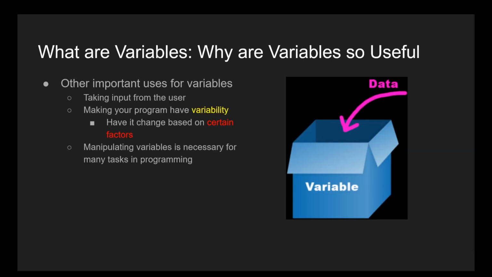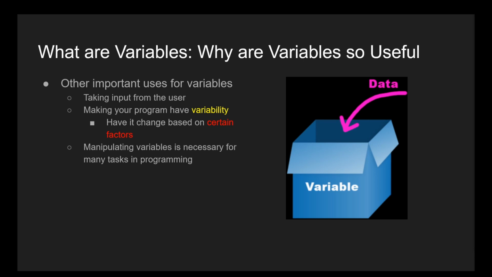Also, many times the program will take input from the user which cannot be programmed into the code, and a variable is required to store the information. A program may also rely on factors that will change as the program progresses, in which case a variable is once again required. Also, taking these variables and manipulating them is quite necessary for carrying out many of the tasks you want a program to carry out.